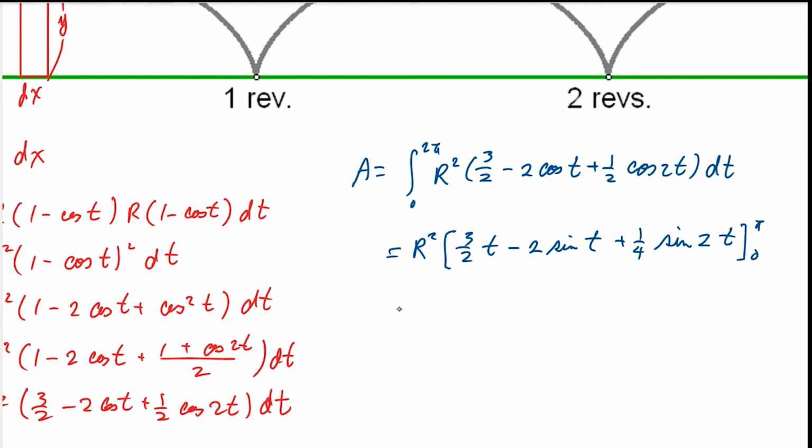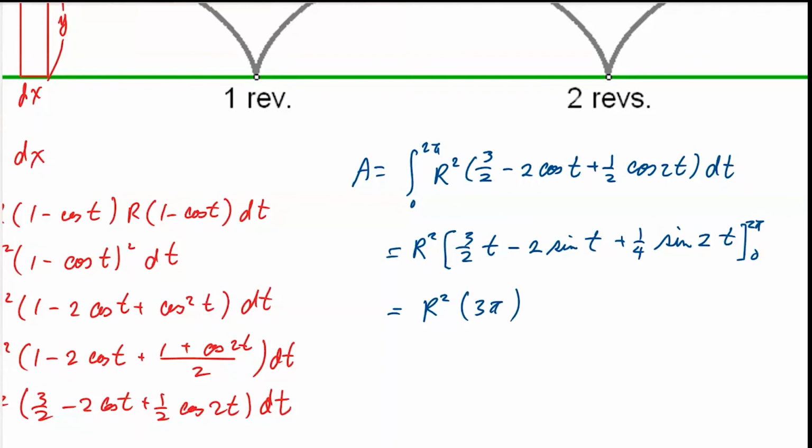And then let's try to evaluate this. R squared and then t. If you plug in pi, that becomes 3 pi over 2. I think it should be 2 pi. If you plug in 2 pi, then that just becomes 3 pi.